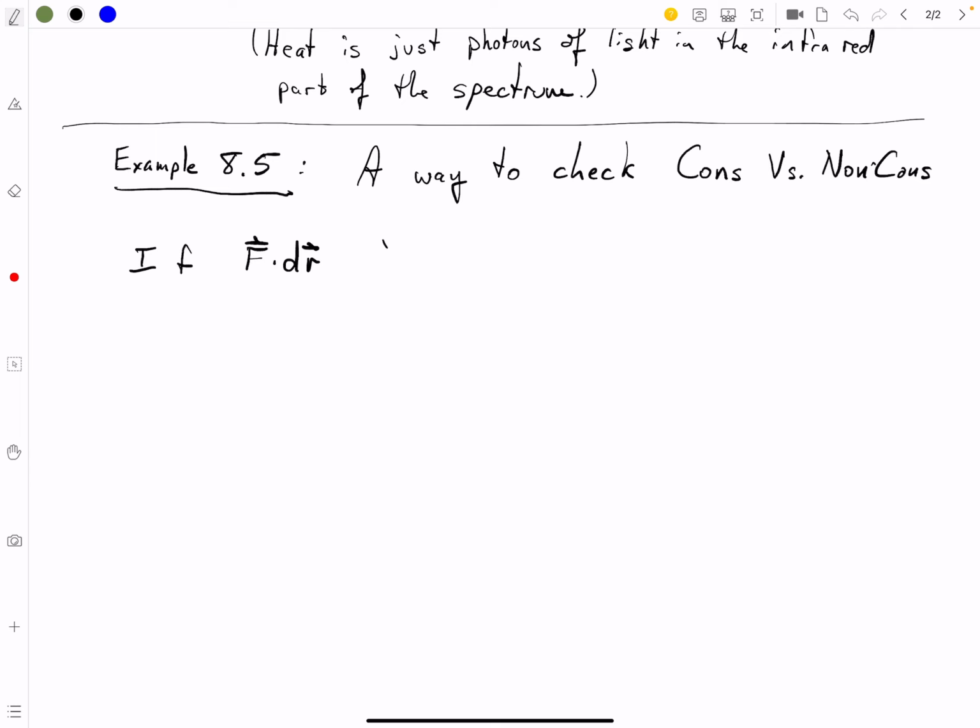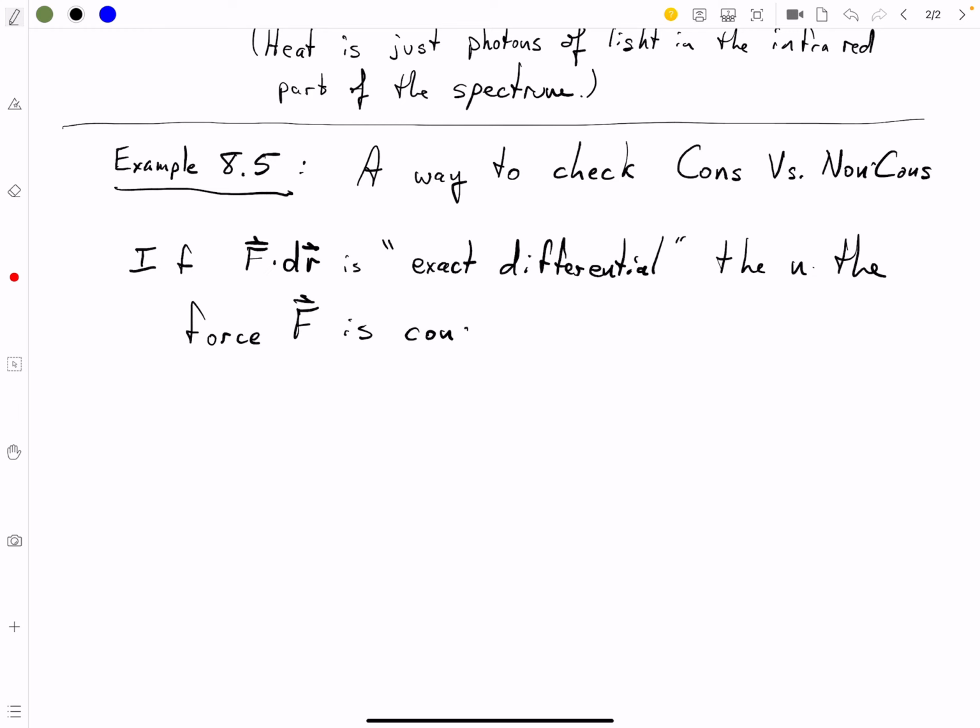If that is a quote-unquote exact differential, and we'll get to what that is in a minute, then the force F is conservative.